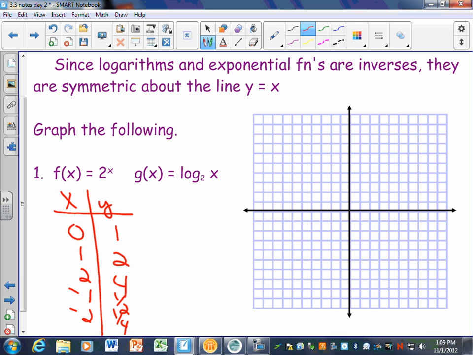And we talked a lot about this, how no matter what you plug in for x, it's never going to be 0, it's never going to be negative, so you have that horizontal asymptote every time. So when I graph this, I get a lovely little graph. Over here I get 1/2 and then 1/4. And that is what we call an exponential growth model.